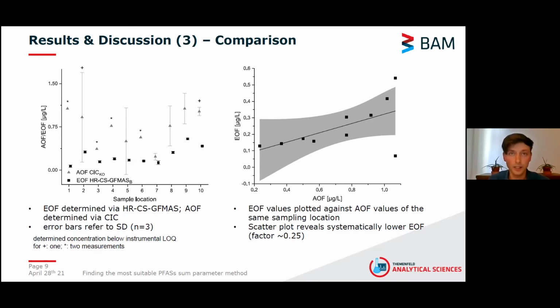On the right-hand side, you can see the EOF values plotted against the AOF values of the corresponding locations. This scatter plot reveals that the EOF is systematically lower by a factor of 1/4. Answering the question, yes, we are able to compare those parameters, and both have advantages and disadvantages. And therefore, we move now to my conclusion.